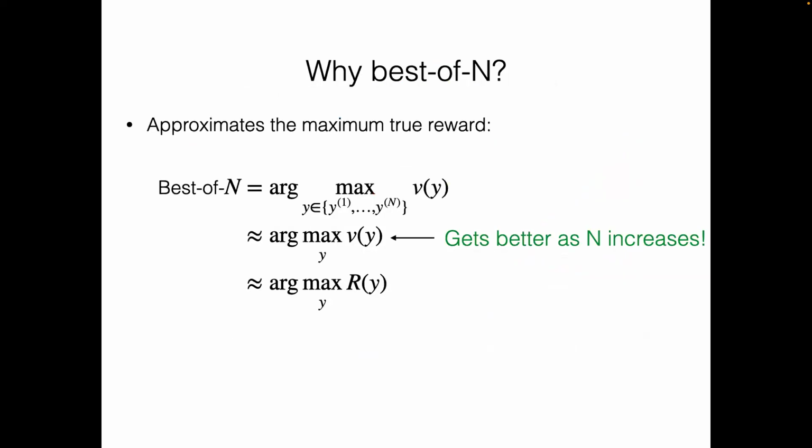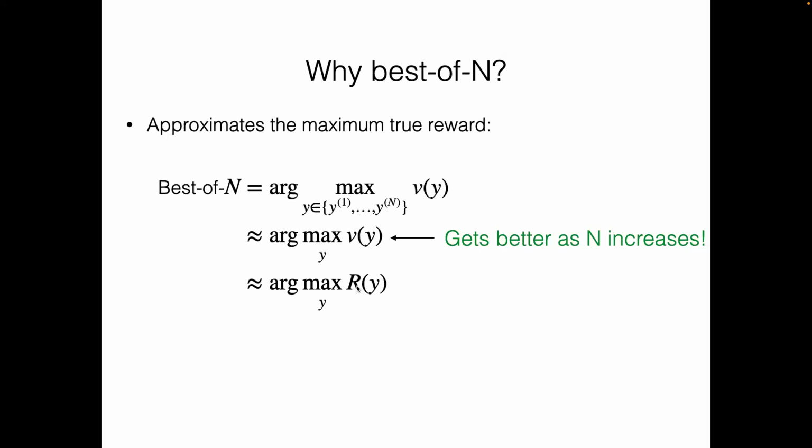Okay, and then as I mentioned, this method's kind of simple, but you can still keep thinking about it, and it's interesting. So one question is, why is it a good reason to do this? What's happening is you're basically saying that this verifier model or reward model that you have is somehow an approximation of the true reward.